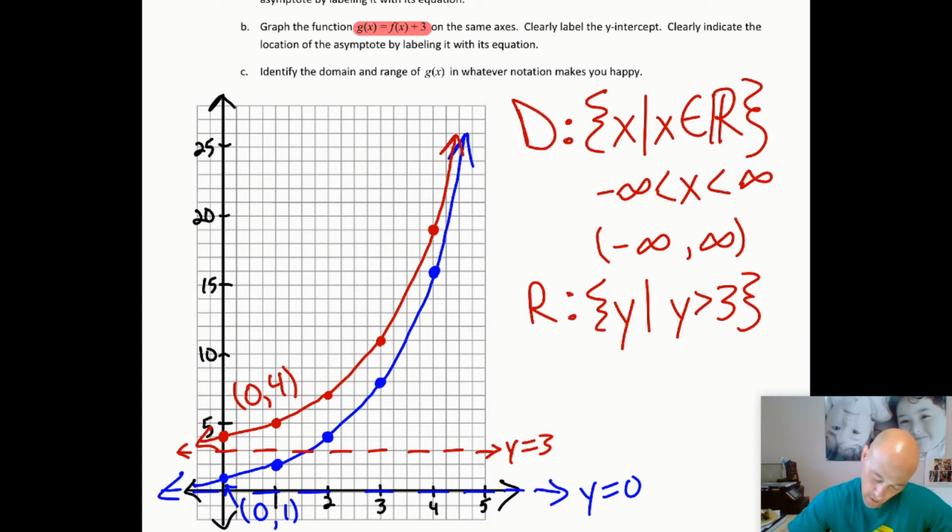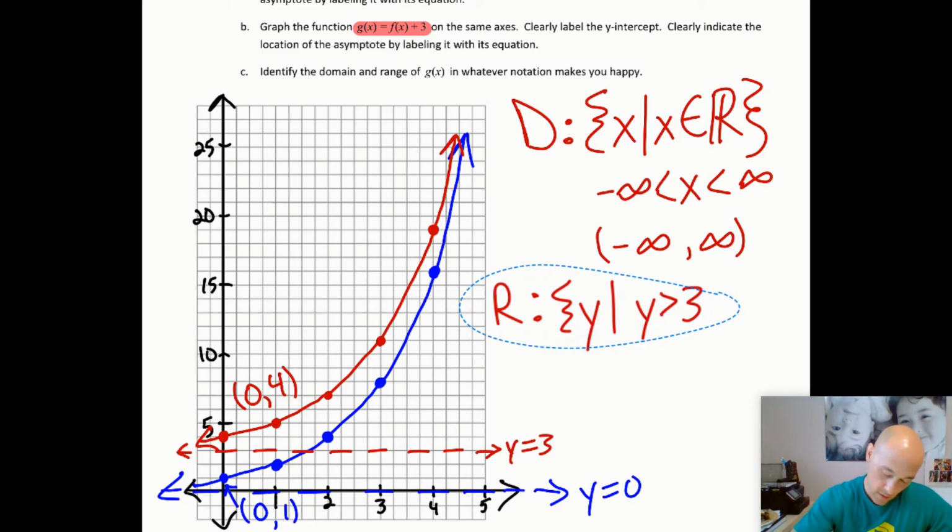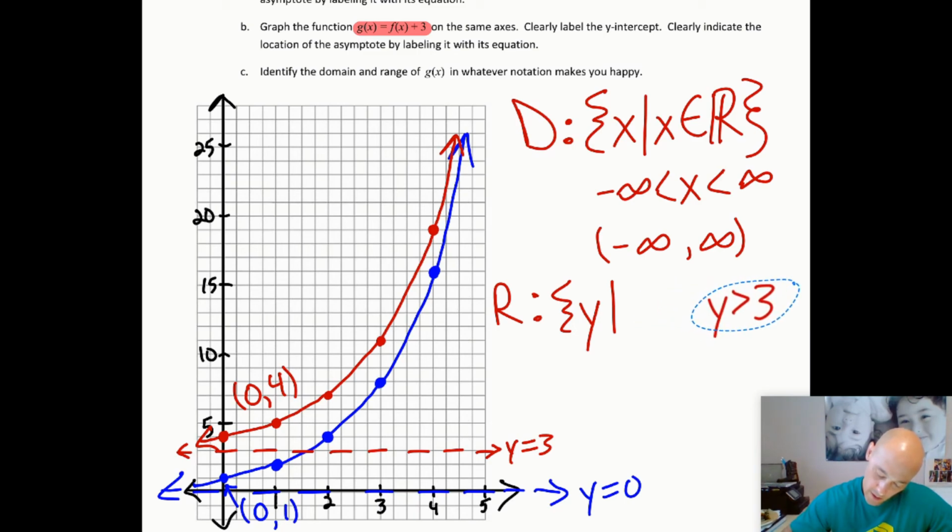All right, and so the different ways we can do that is we can say y is, whoops, I should add one thing here. We should say y is in the real numbers and y is greater than 3.